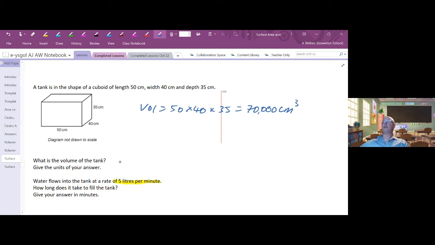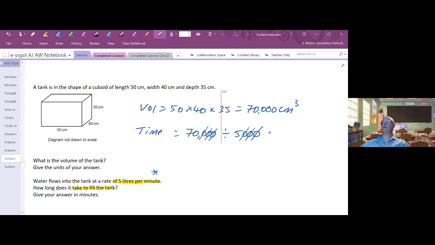Now, down here, they're saying that a tap's water flows into the tank at a rate of 5 litres per minute. How long does it take to fill the tank? So the time taken is the 70,000 divided by 5,000 for every minute.